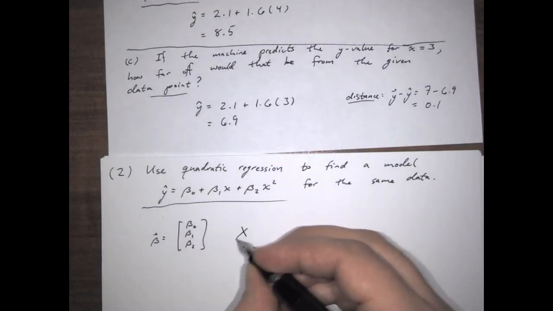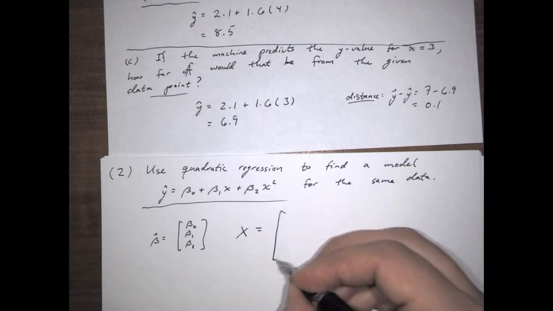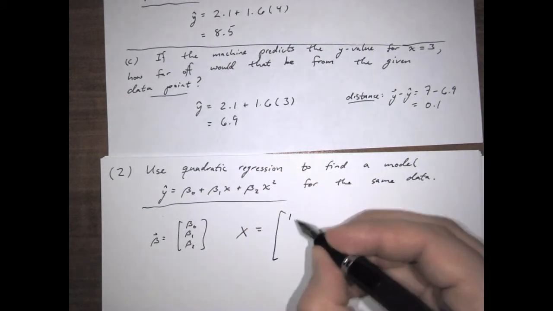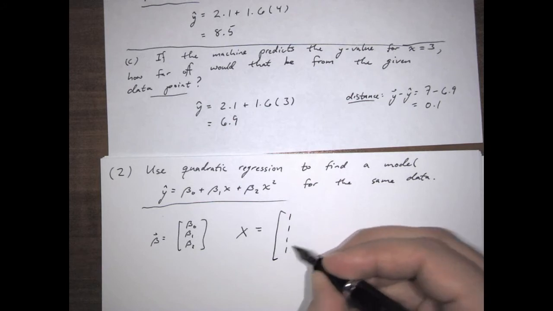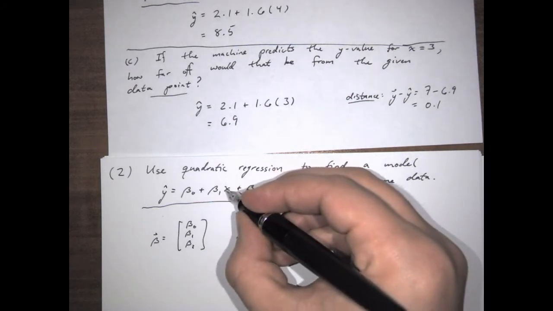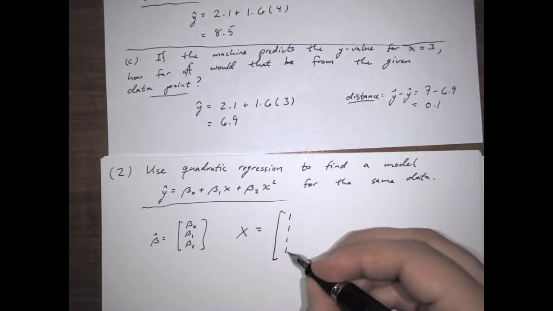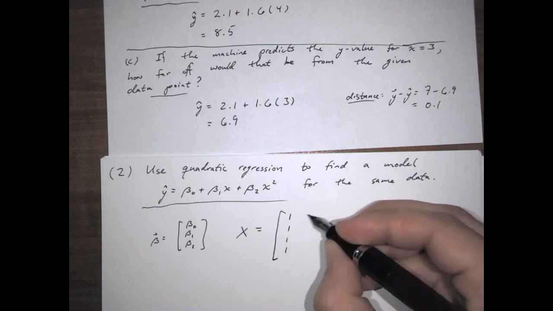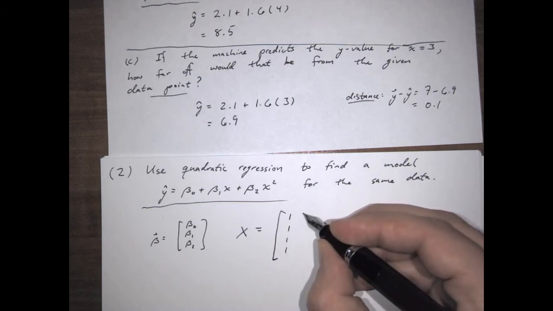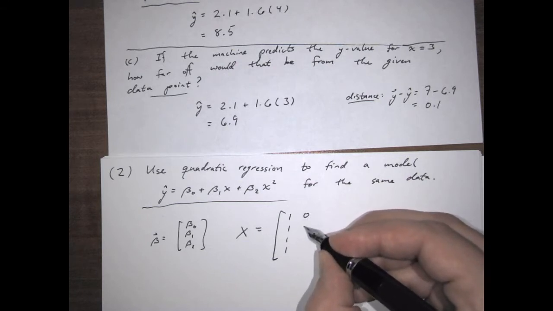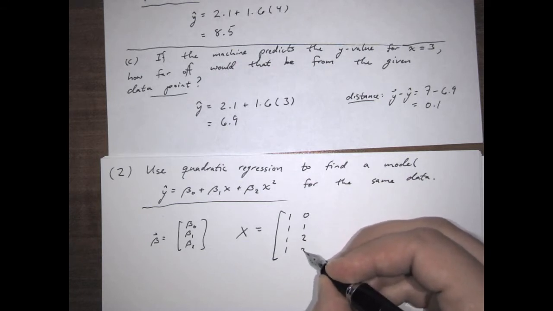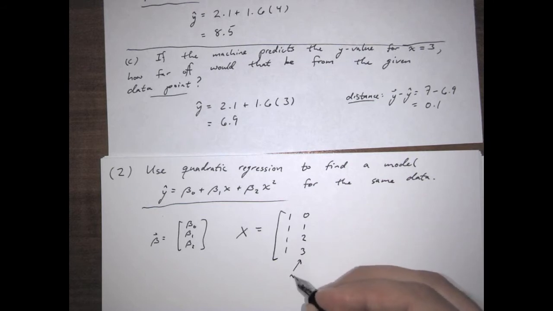Alright, and then as for the design matrix, we're still going to have the 4 rows for the 4 data points. Now these are going to be basically the weights on beta naught. And then here we have the weights on beta 1, which are the x values. So 0, 1, 2, 3.